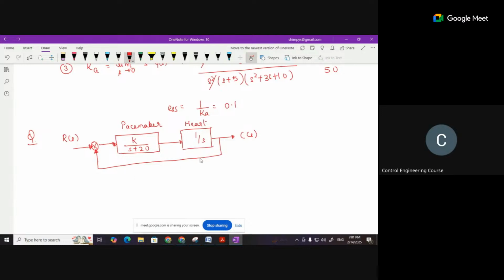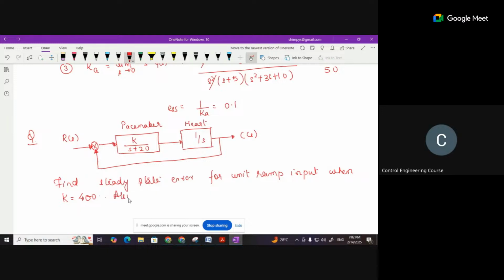So you have to determine the steady state error here. Find the steady state error for unit ramp input when K is equal to 400.